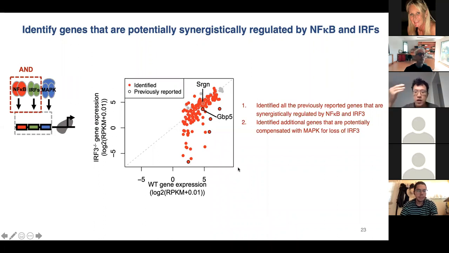And we identified all the additional genes that are potentially compensated by MAPK for the loss of IRF3. You can see lots of them are here. Of course, if you couldn't see the gene reduction in IRF3 knockout, you cannot select those genes as IRF3 regulated genes. That's exactly the problem for the traditional approach. They cannot identify this group of genes.